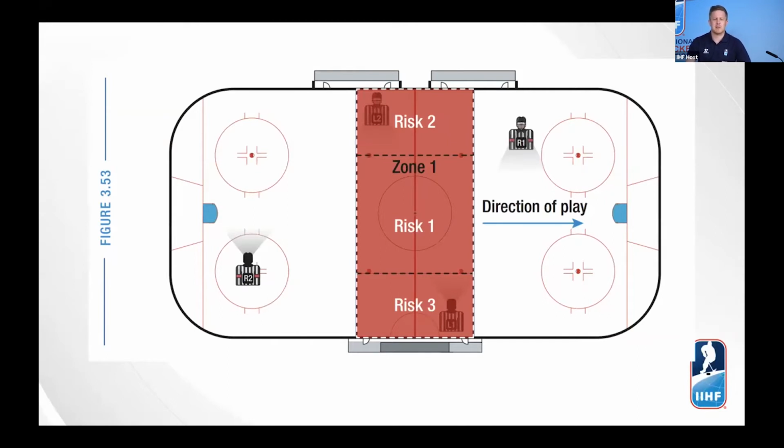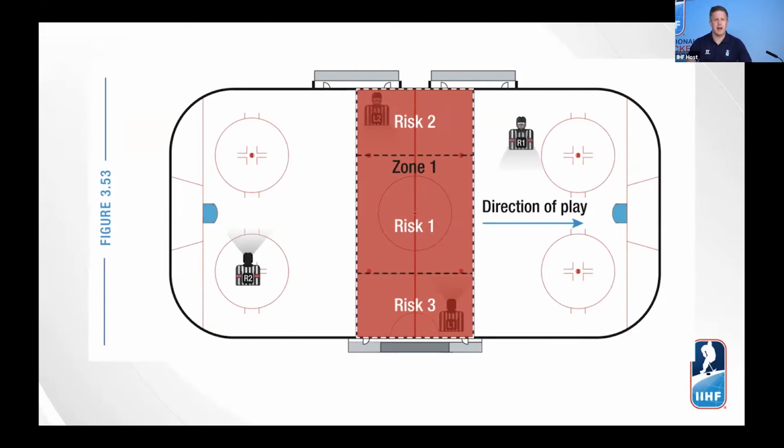In that transition, when R2 is covering the players behind the play, it's really a huge responsibility for L1 and L2 to make sure that they support R1 in coverage of the neutral zone and the situations happening there. When R2 has been able to transfer the play and really let the players go, then R2 has to make sure that he or she covers any of the risk areas where the play is not currently located.